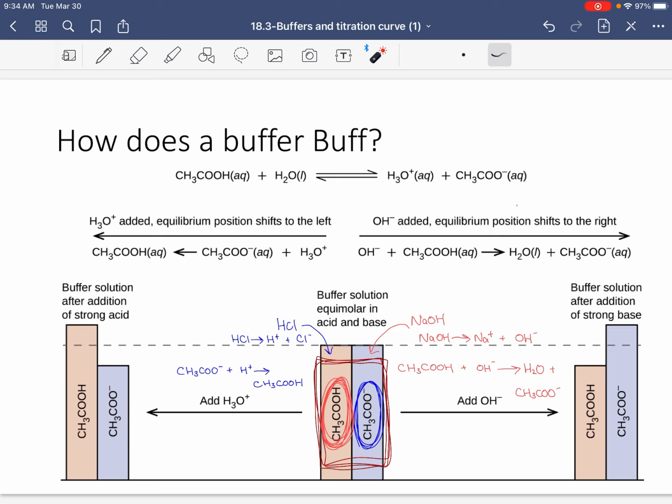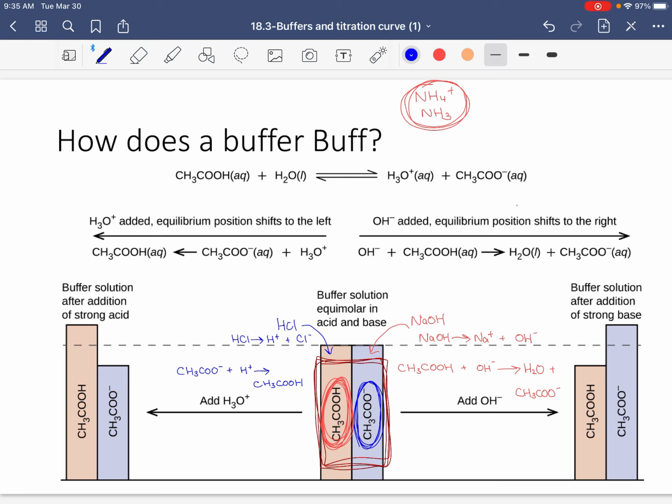Now, this is actually done with an acid buffer. Okay. How would it work if you have a base buffer? So remember earlier in the previous slide, we made a base buffer consisting of NH4 plus and NH3. Okay, remember this buffer? Well, same idea.